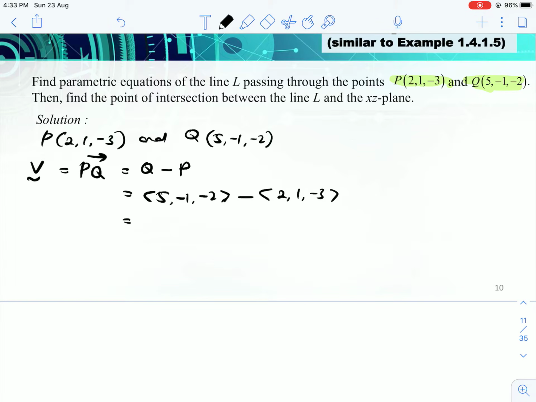Therefore, 5 minus 2 is 3, negative 1 minus 1 we get negative 2, and negative 2 minus 3, we get 1. So this is our V.